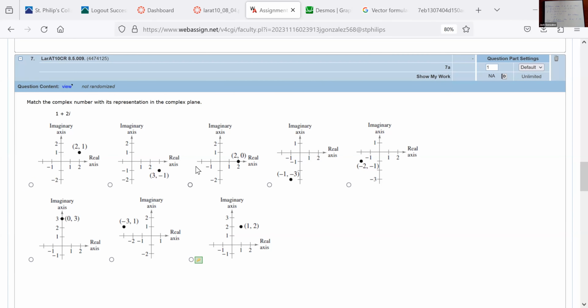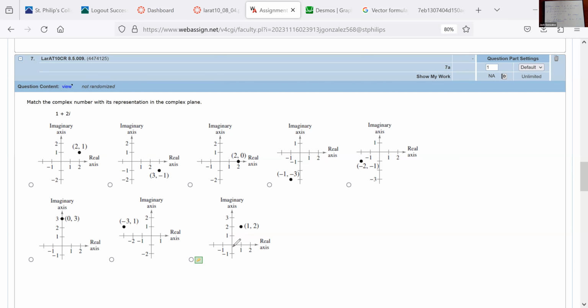So think of the horizontal as your real axis and the vertical as your imaginary axis. Check it out. It says 1 plus 2i. So we have a real number of 1 and an imaginary part of 2.